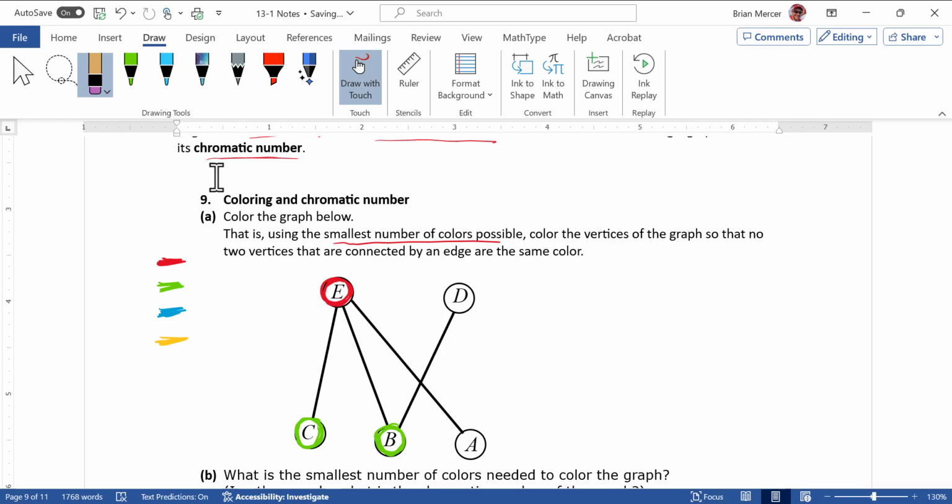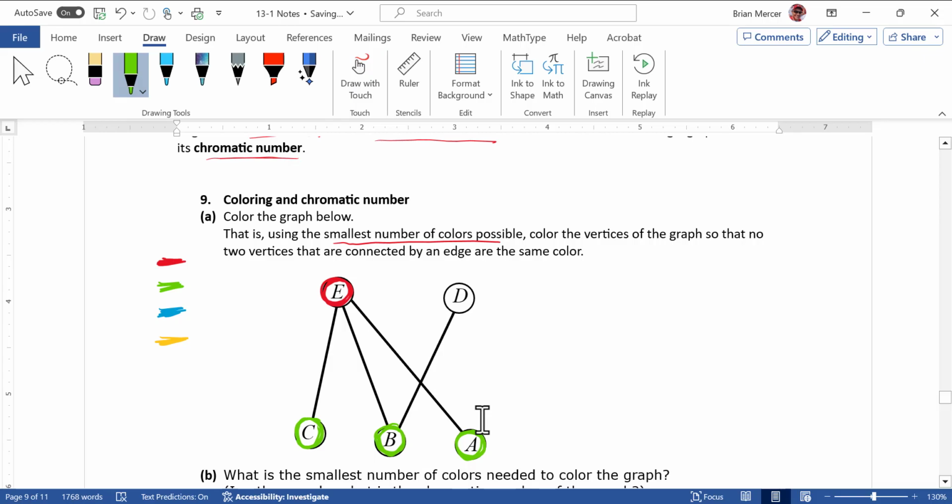Now I go back over to A. A is connected to E, so it can't be red, but it can be green, and A isn't connected to anything else, so that doesn't create any violations. So far I've only needed two colors.